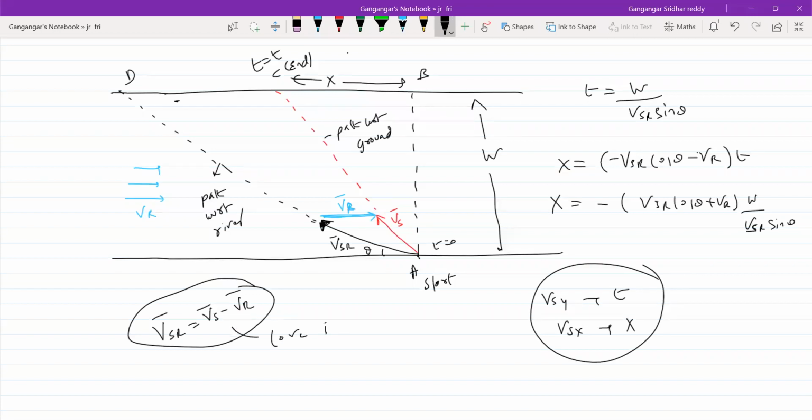So this is the core idea. Don't fight with the formulas. For every particular formula which you are not understanding, start from here. Resolve this along x, along y, and apply it. We'll determine the drift, the x component of velocity of swimmer with respect to ground. We'll determine the time taken to cross the river from the y component of velocity of swimmer with respect to ground.